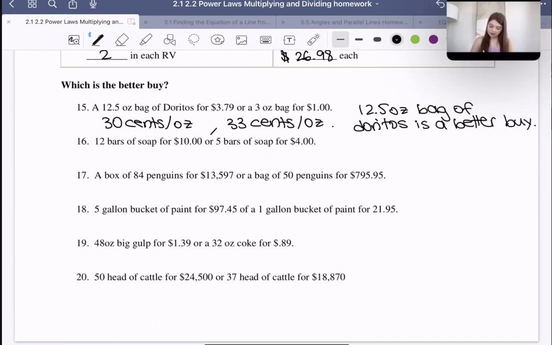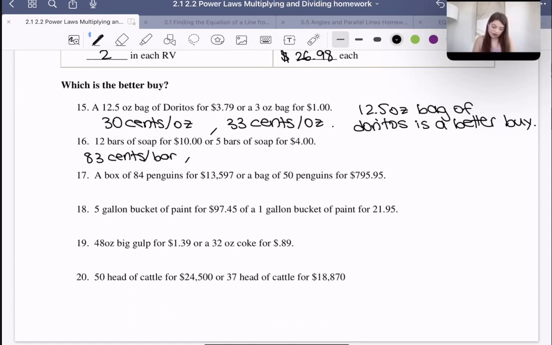Awesome. Okay, 12 bars of soap for $10 or 5 bars of soap for $4. Well, let's see. So we could spend $10 to get 12 bars of soap. So 10 divided by 12 is going to be 83 cents per bar of soap.